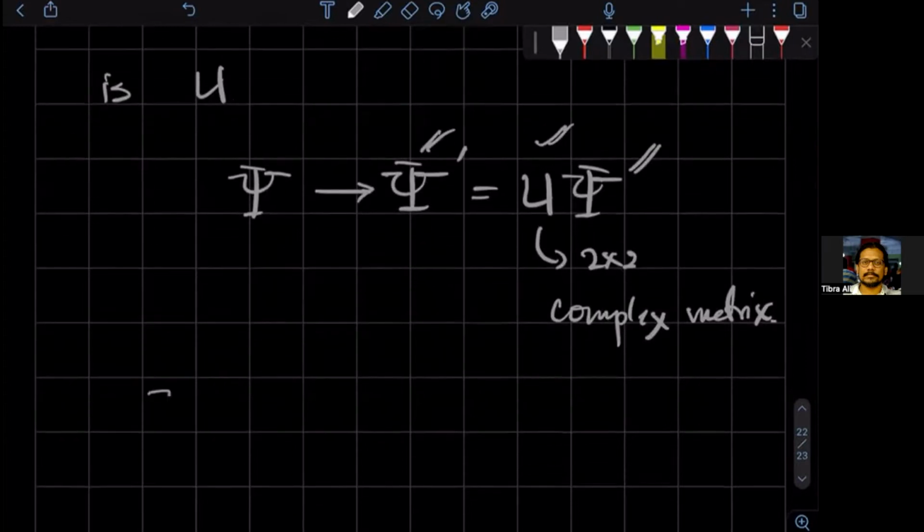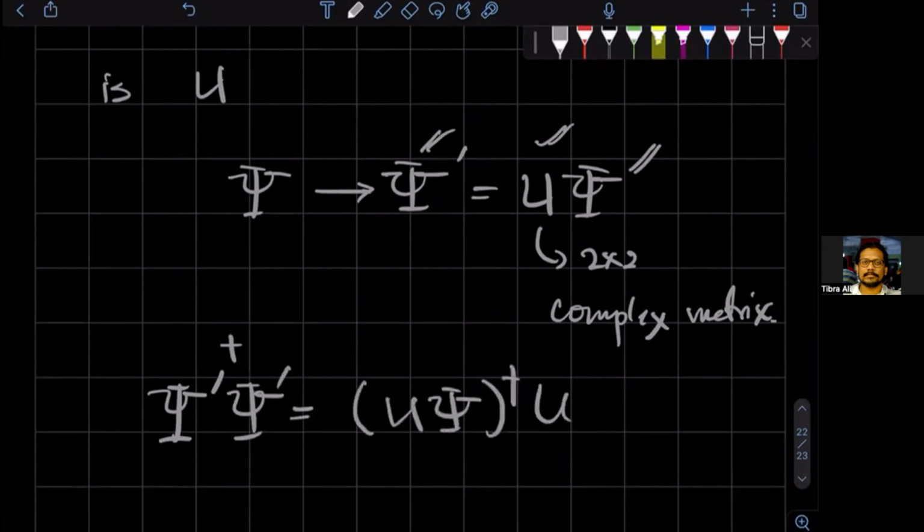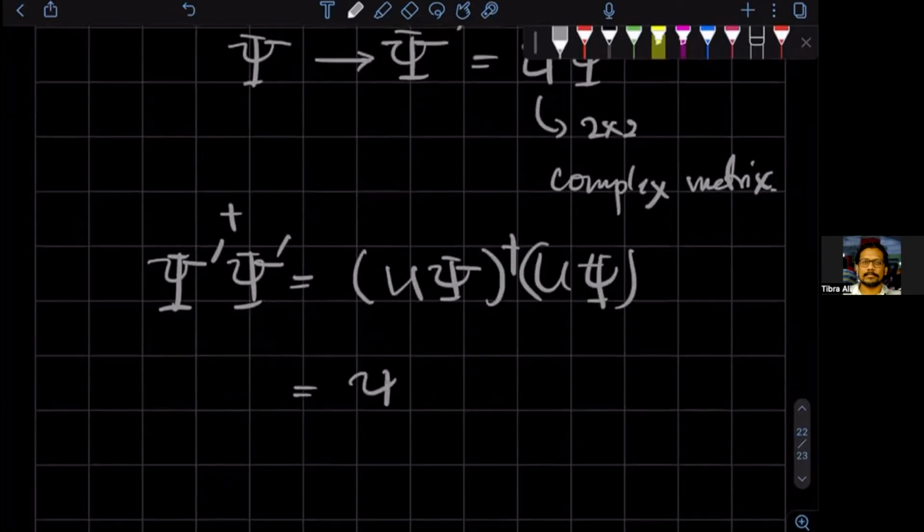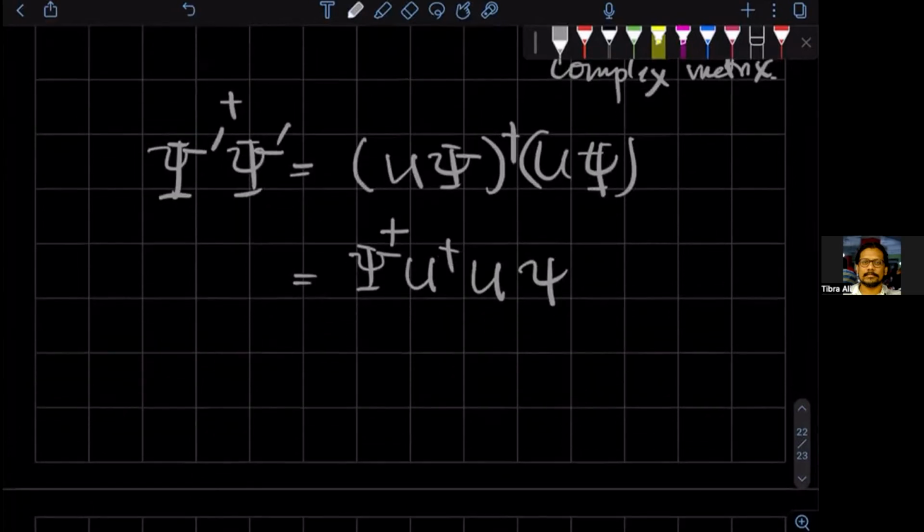So if you want this to be invariant, then we get U acting on psi, dagger, times U acting on psi, which is psi dagger U dagger U psi. This has to be equal to psi dagger psi.